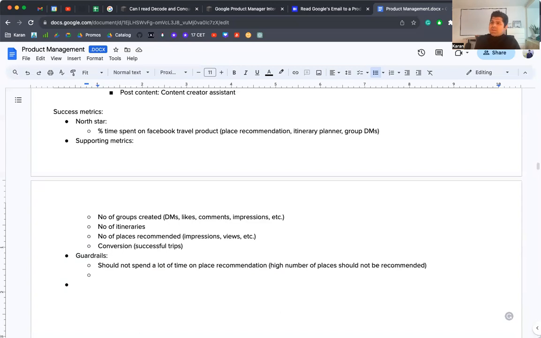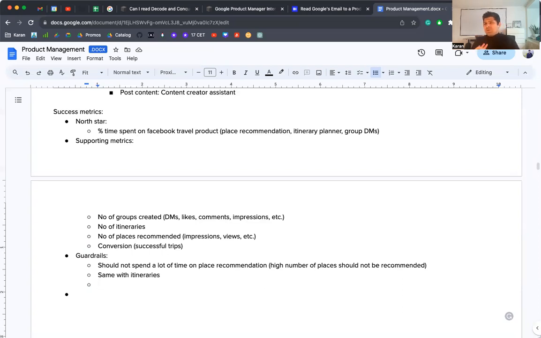Similar stuff with itineraries as well. And a guardrail, I think, conversion is probably going to be very, very important. So successful trips upon high engagement is also concerning, that okay, there is a lot of engagement in Facebook travel, but it's not leading to successful trips.